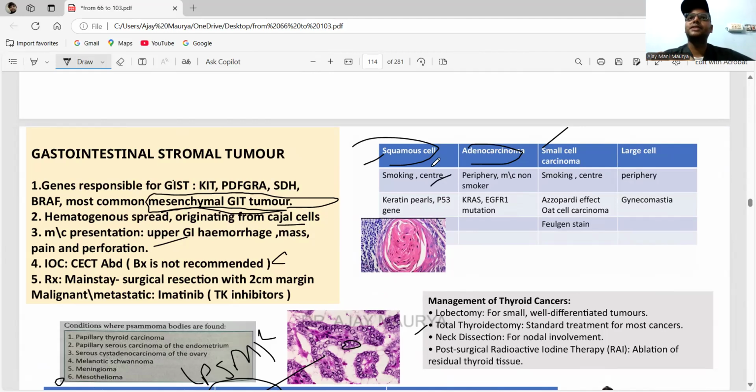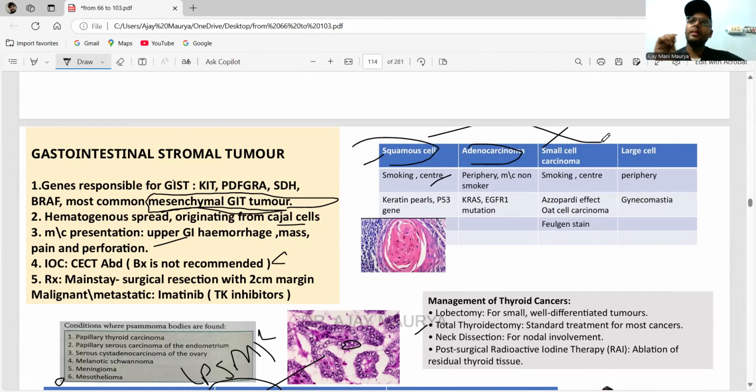If in the question the patient is a smoker and the tumor is located at the center, you have to think about squamous and small cell carcinoma only.